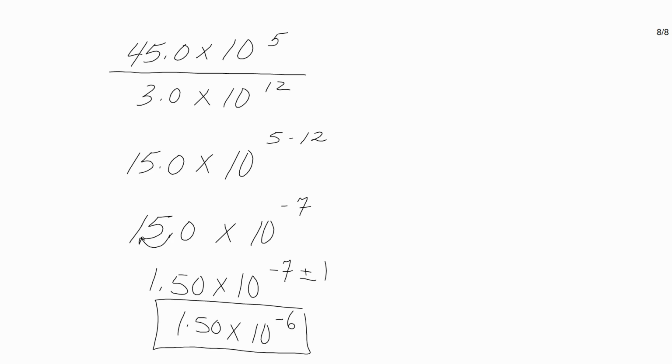I guarantee you somebody had a negative 8. Because that's where they mess it up. Now what did you just do? Let me show you what you just did. You took 0.00045 and you divided it by 3 billion.